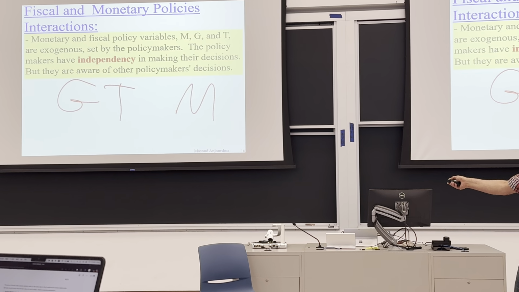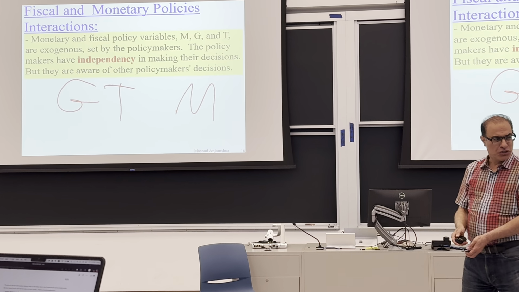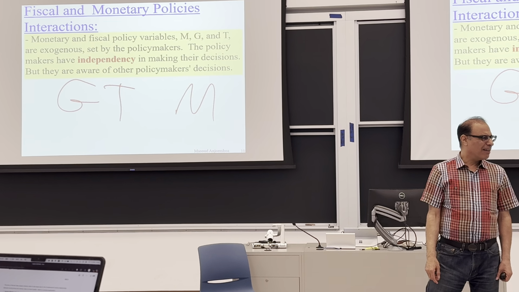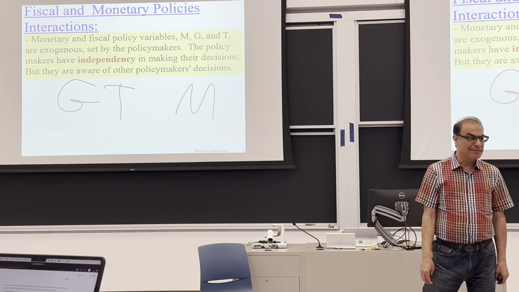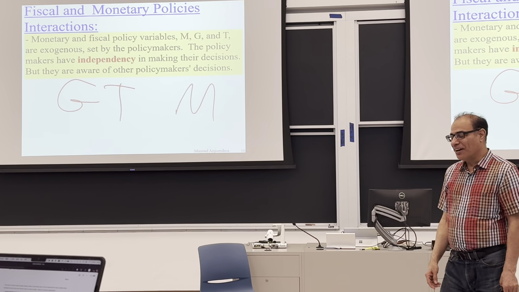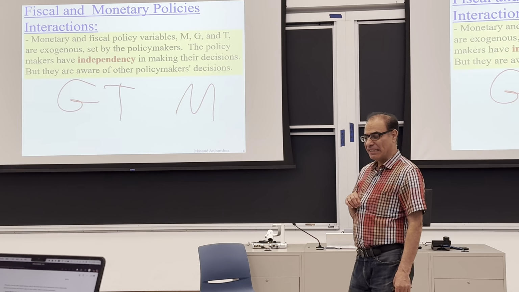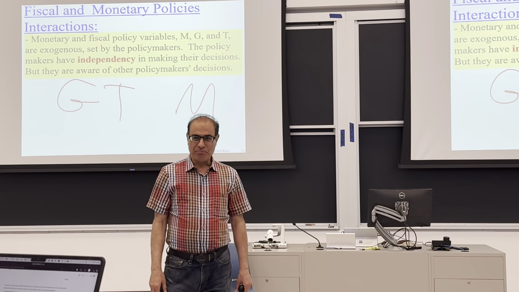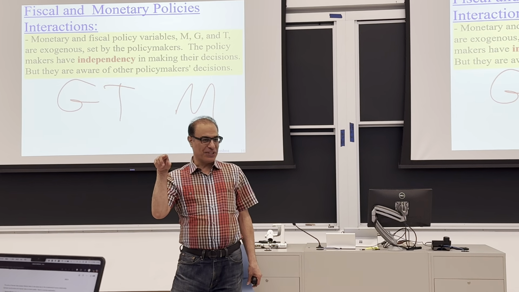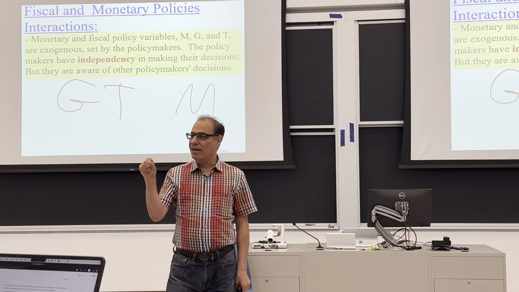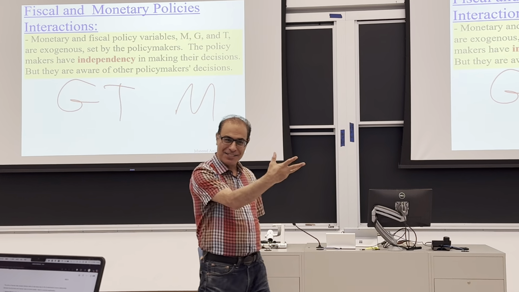And central bank is in charge of money supply. Central bank is in charge of money supply. And generally, central bank doesn't answer to anybody. Okay? So that's why I personally believe in any economy, the strongest person is the head of central bank, because everybody else should respond, should answer questions.